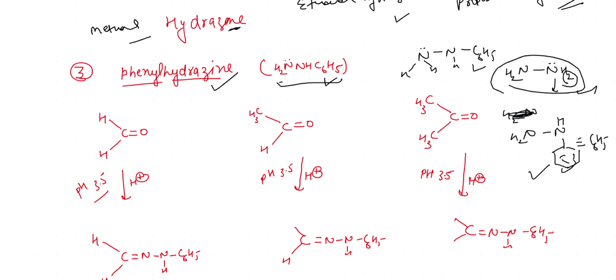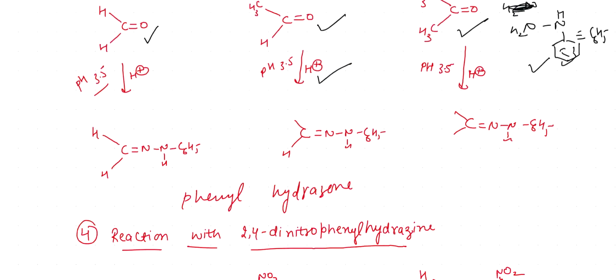The same methanal, ethanal, and propanone are subjected to react with the reagent phenyl hydrazine in the presence of an acidic medium in which the pH is 3.5. Then the kind of product you will get will be named phenyl hydrazones. So the first one is methanal phenyl hydrazone.